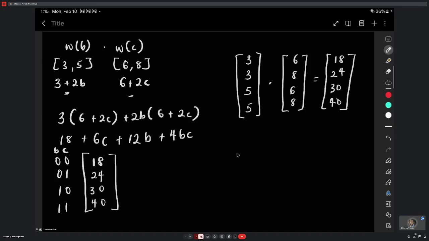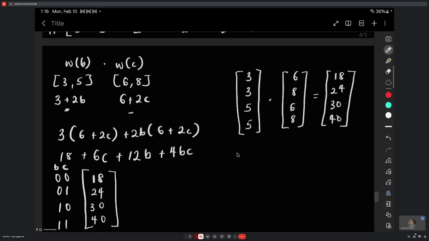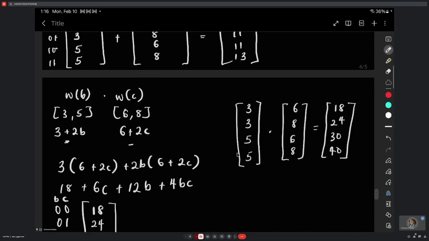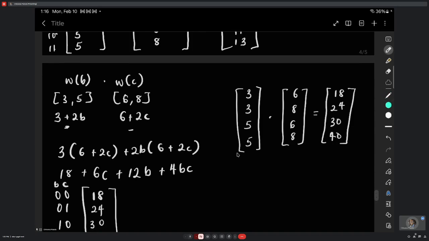I think we should. Because when we go from B to BC, we are just adding 0C, and that 0 is not doing anything. So we are just duplicating based on B.